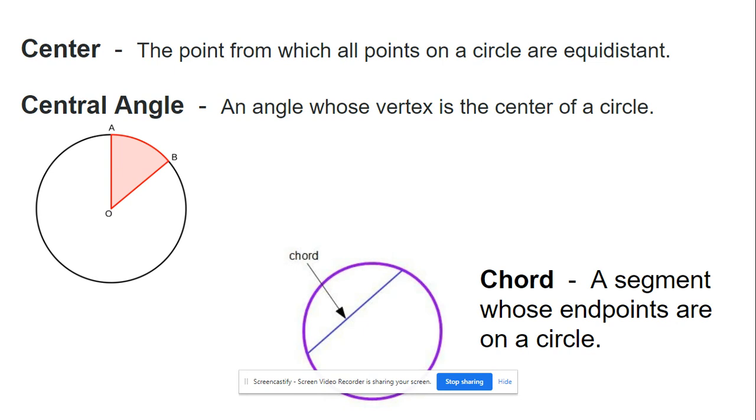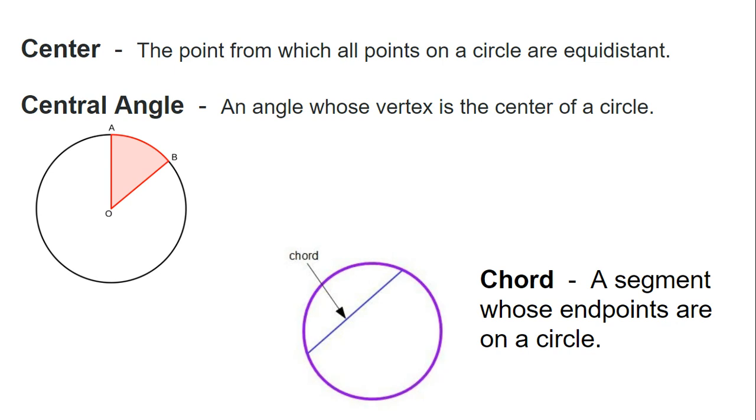So I would call this central angle AOB. You can also call it BOA, right? We're going from that circle edge to the center to the outer edge, okay? So that's how you would name that central angle. It has to touch that center point O. If it doesn't touch the center point, it's not a central angle, okay?